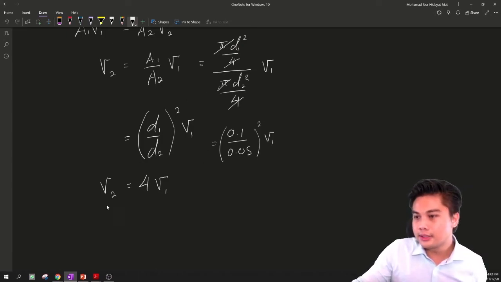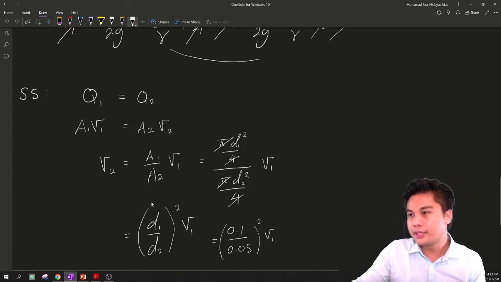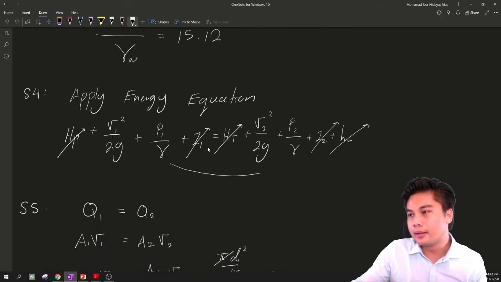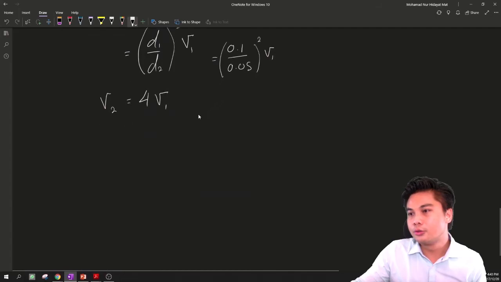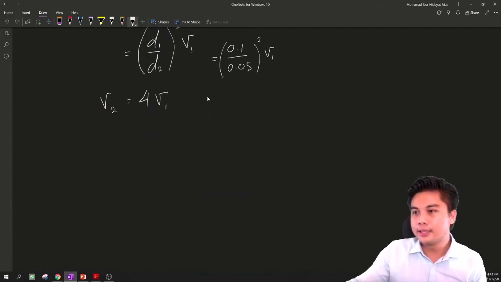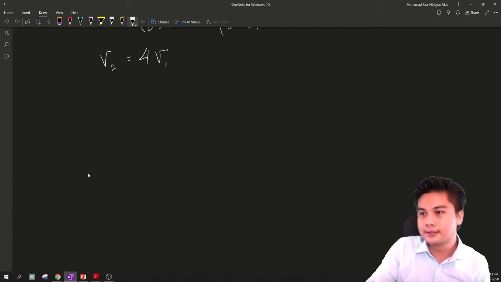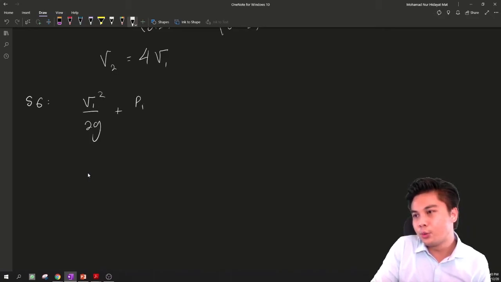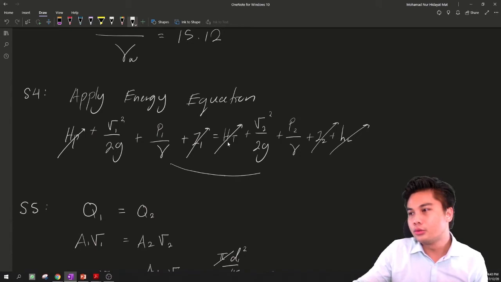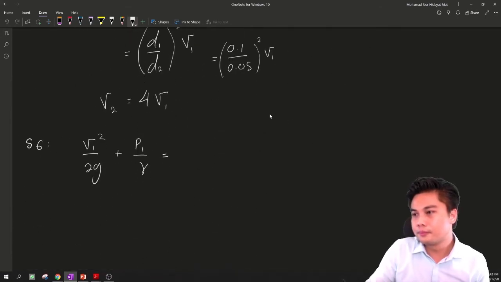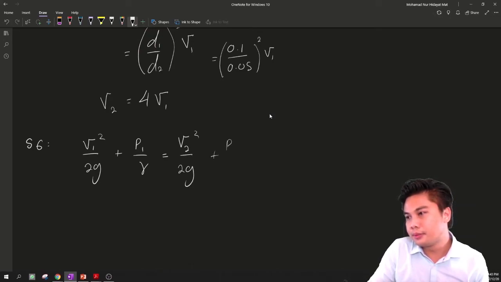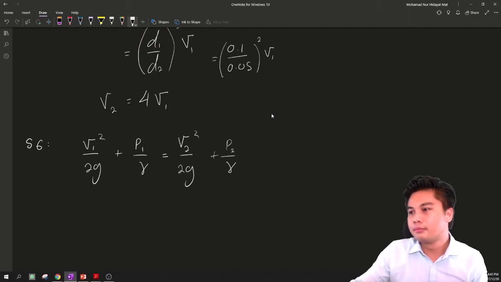This velocity 2, we need to replace in the energy equation. So with V1, we are left with step number 6. V1 squared over 2g plus P1 over gamma equal to V2 squared over 2g plus P2 over gamma.